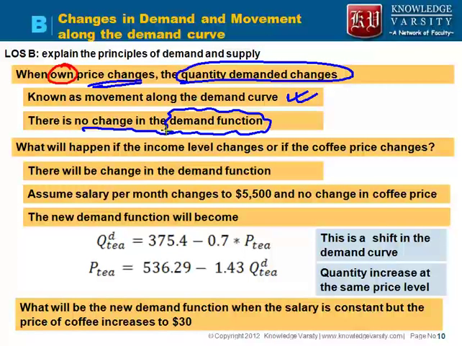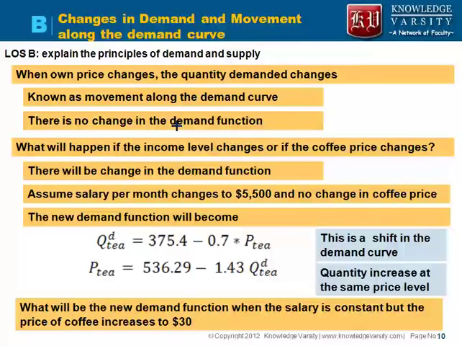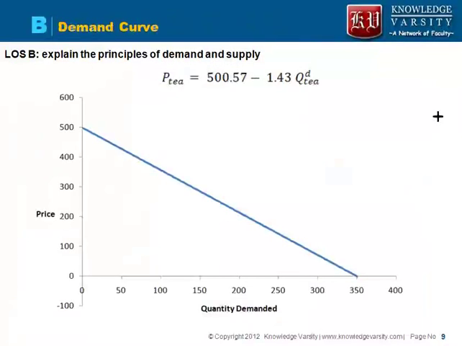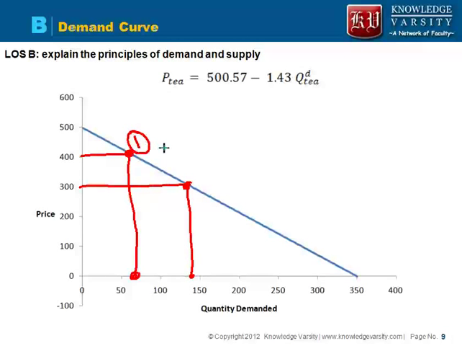So going back to the previous slide, what we have seen is if I change the price, let's say from 400, where the price was, to 300, I was at point 1 and I have moved to point 2.